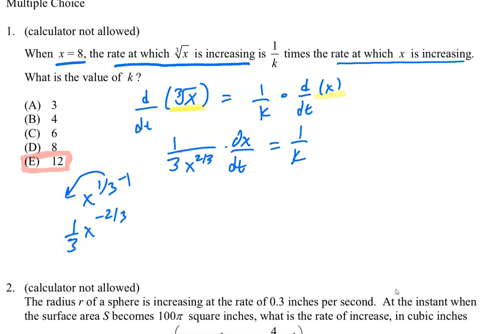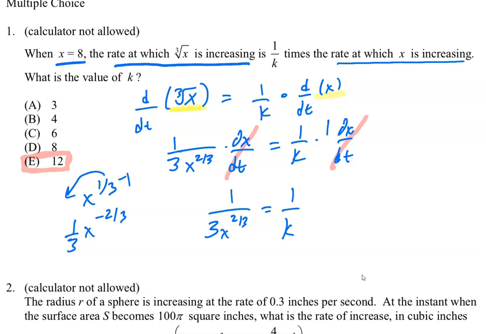And then this side's a bit easier because what is the derivative of x? 1 dx/dt. Now, both sides have a dx/dt, so I can just cancel that out, right? So I'm left with this equation. Okay.